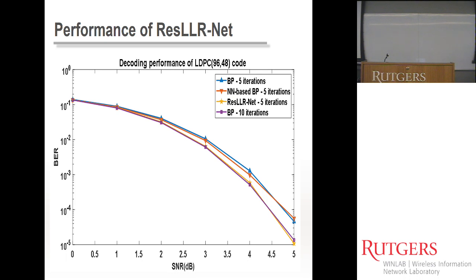With the plain neural network, the performance improvement is very minor. But when we introduce the residual block, at the same iterations we can have about 0.3 dB of decoding gain, and it becomes similar to belief propagation when we have more iterations.